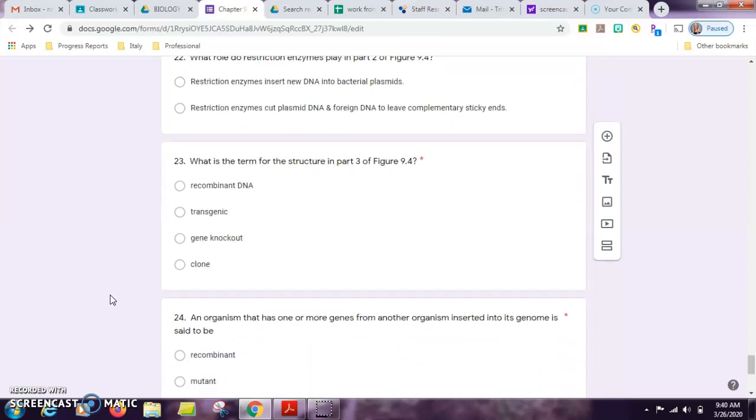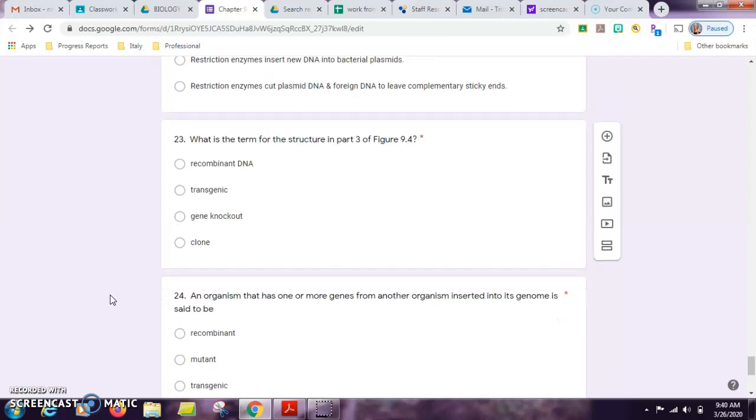Number 23 also uses figure 9.4. Number 23 says, what is the term for the structure in part 3 of figure 9.4? Recombinant DNA, transgenic, gene knockout, or clone?